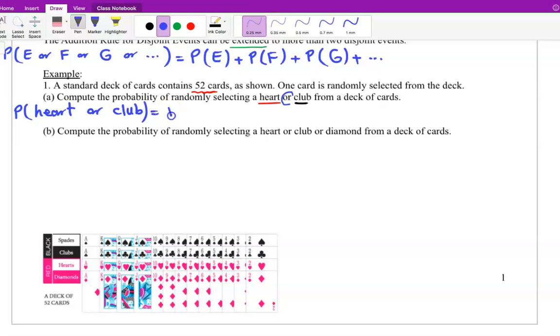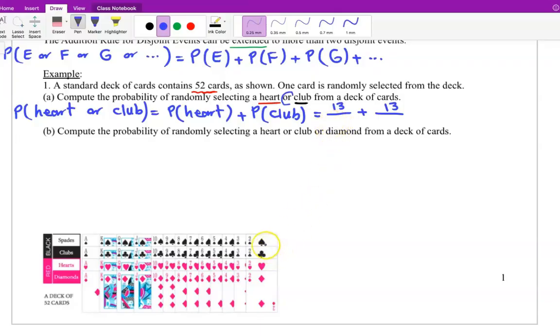That is equal to probability of having a heart plus probability of having a club. Here, how many hearts do we have? 13. Same thing for how many clubs we have, 13.